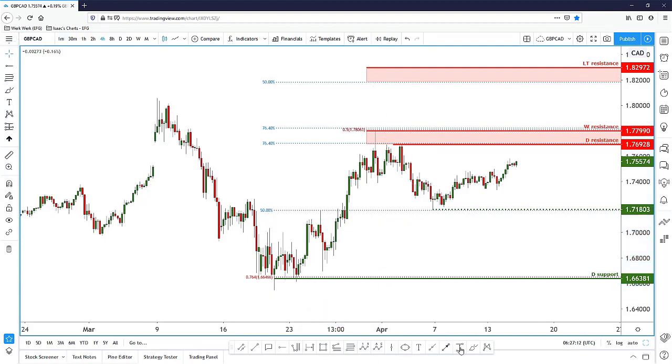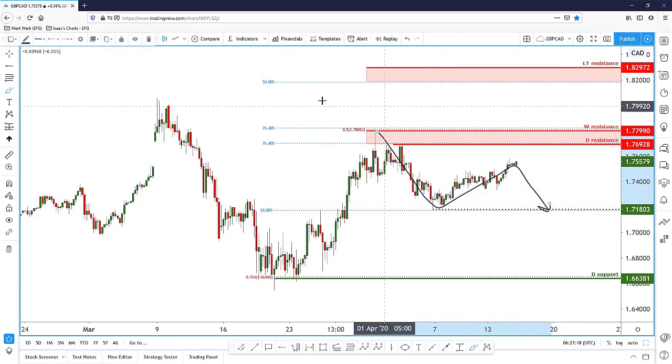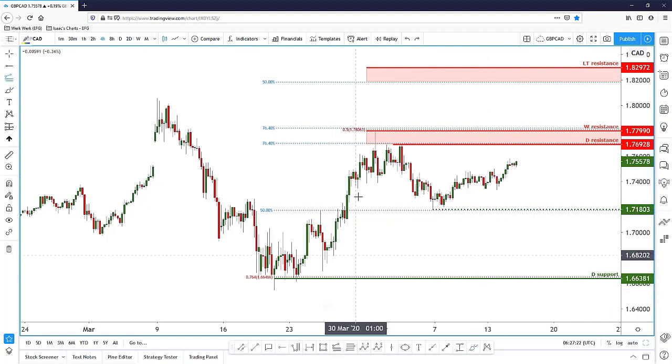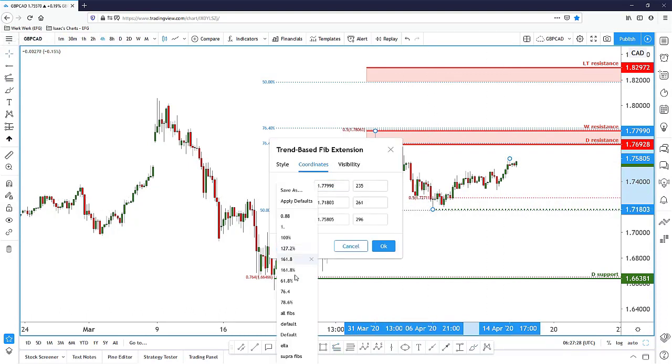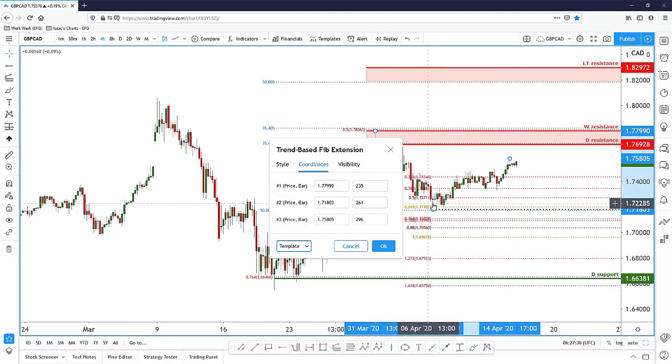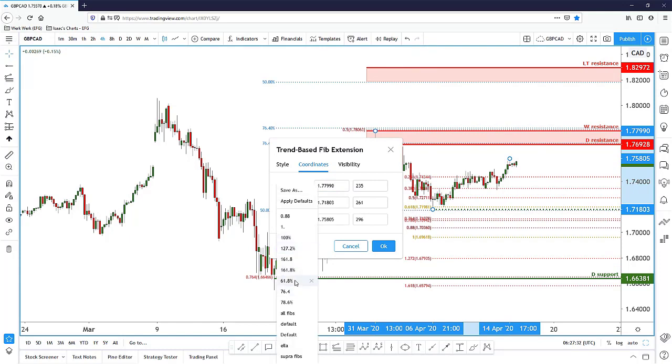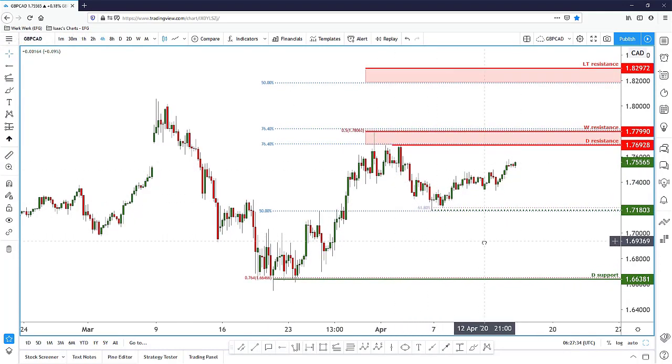And one more method that we can use is a Fibonacci extension to find that zigzag, because on the daily, it was hard to see this zigzag. You see the 0.5 is here, and the 0.6 is right there. So that's a key Fibonacci extension level.